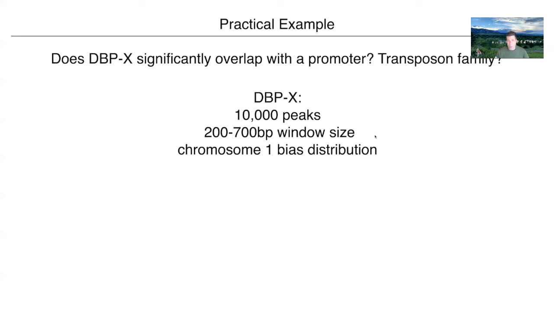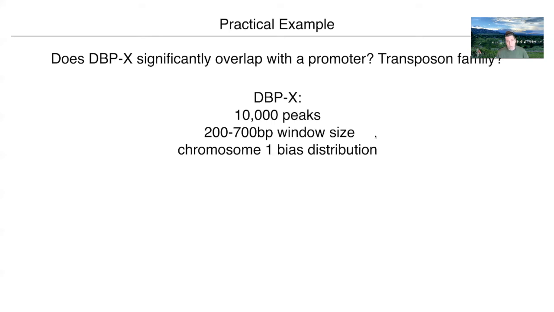Same with a transposon. That's an example I'll show in a second that we found last year that was quite interesting. There are so many transposons or repeat elements in the genome that when you do these permutations, you get a lot of overlaps by chance. So finding a DNA binding protein that prefers a transposon over other regions of the genome was very difficult, and we really only found one interesting one.